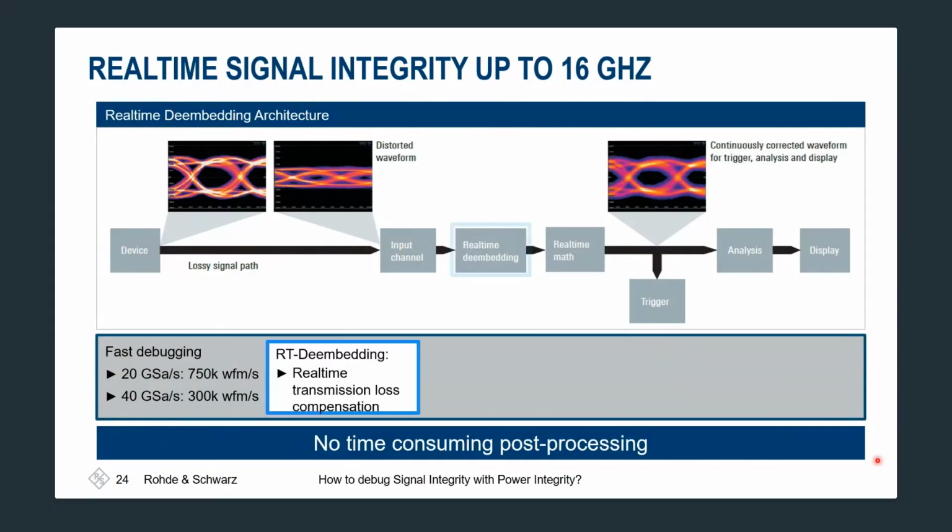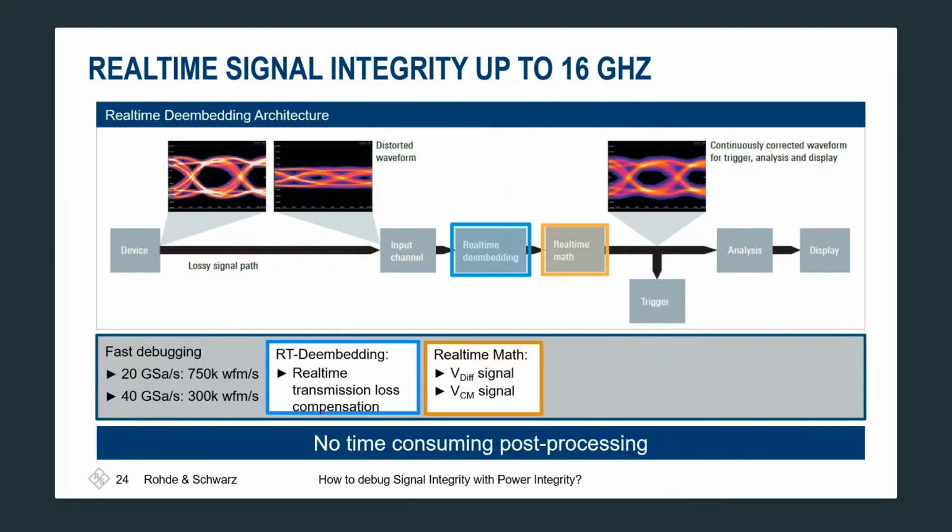This could be compensated by using so-called real-time de-embedding, and therefore we are able to open up the eye again. With de-embedding, we are compensating the lossy channel, opening up the eye and getting the real signal values at the test point of the DUT.